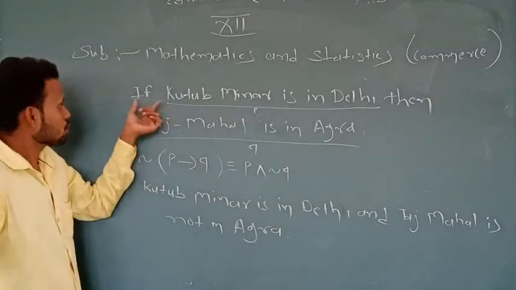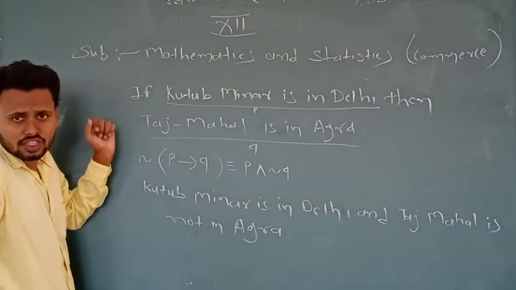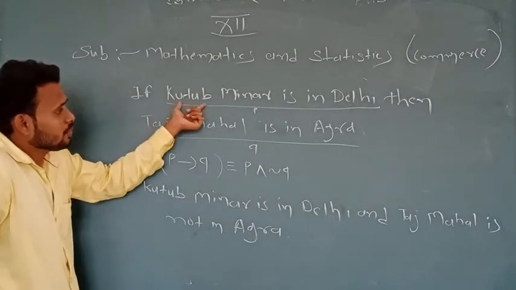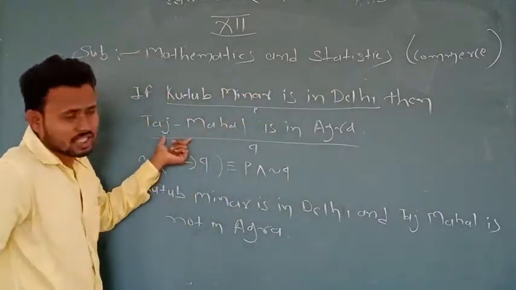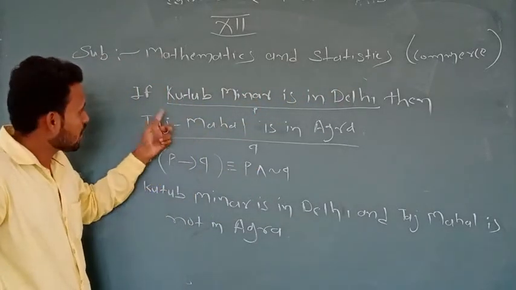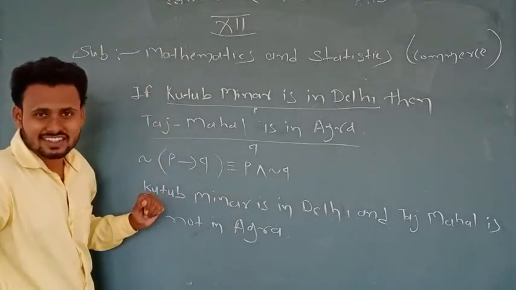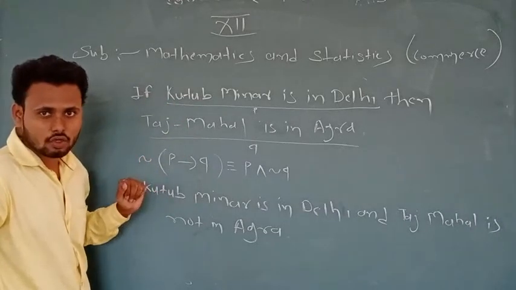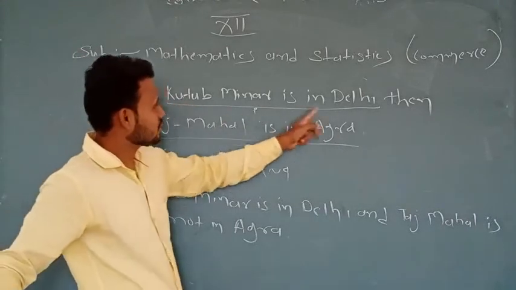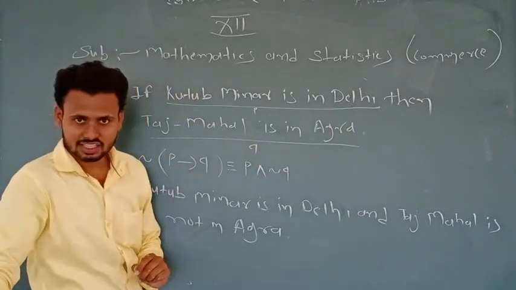Okay. Question: write the negation of the following statement. The statement was: if Qutub Minar is in Delhi, then Taj Mahal is in Agra. We observe that it is a conditional statement of two simple statements. The first simple statement is this, and the second one is Taj Mahal is in Agra.